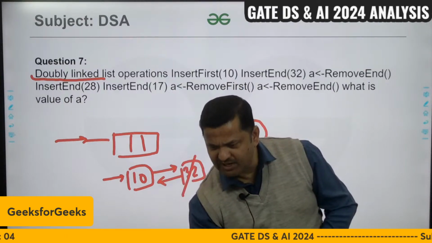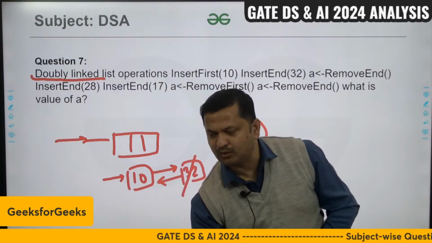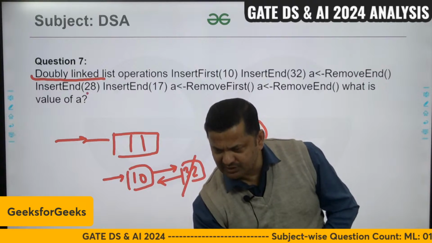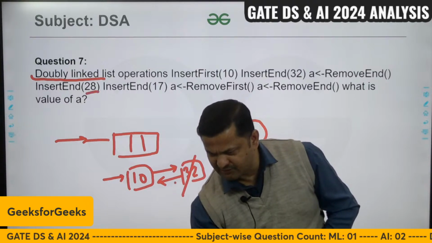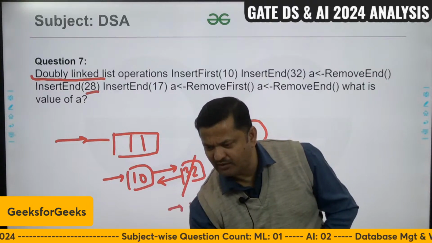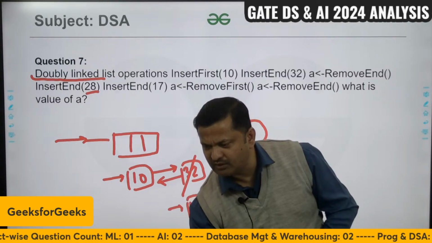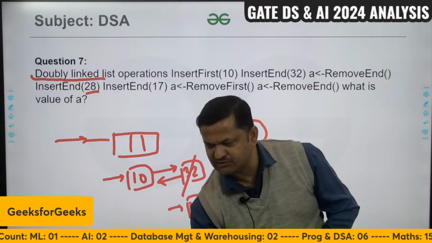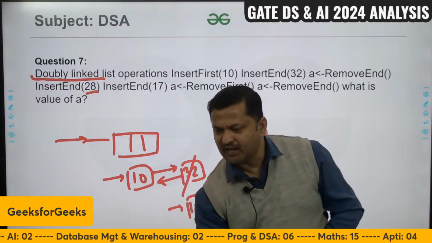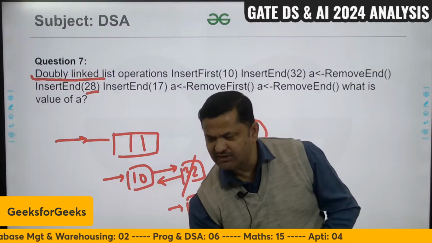Then we insert end 28. Since after this removal there is only one node in this linked list, that is 10, we'll insert 28 after this. So this is going to be the new structure, and then we insert 17 at the end.